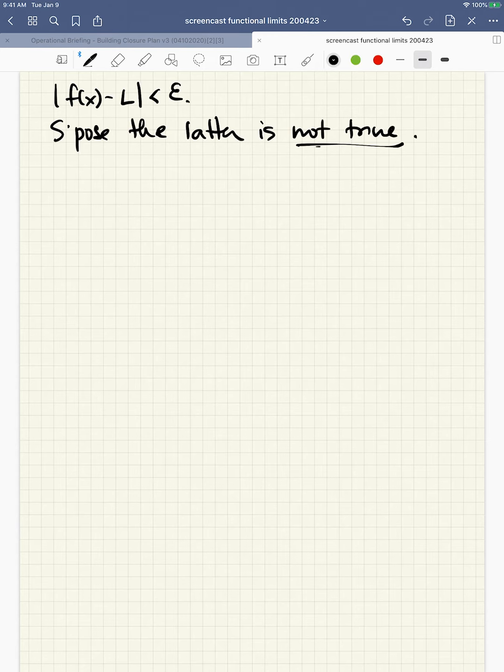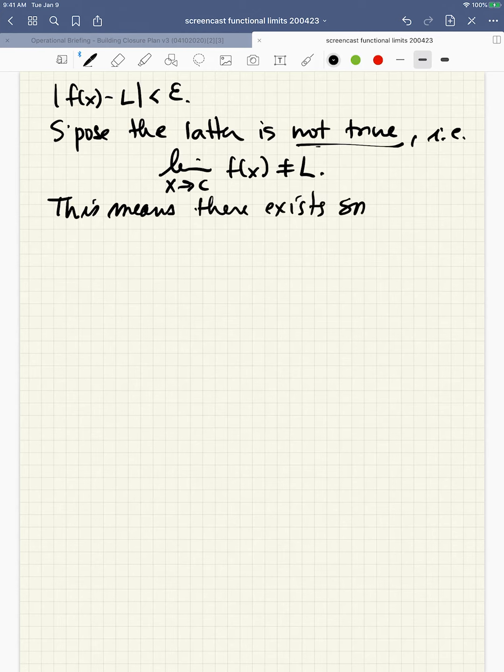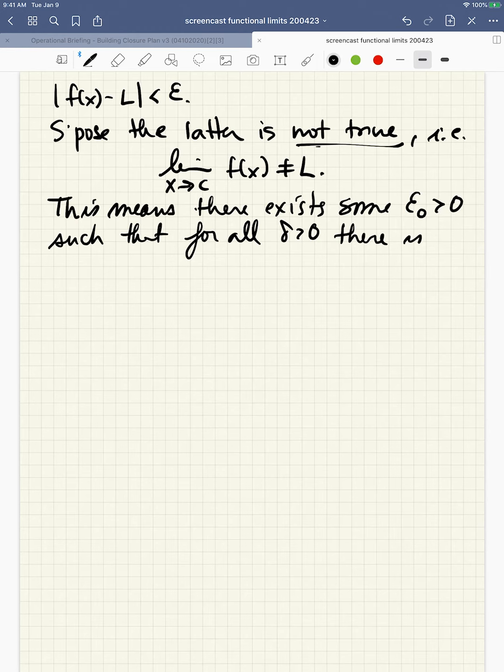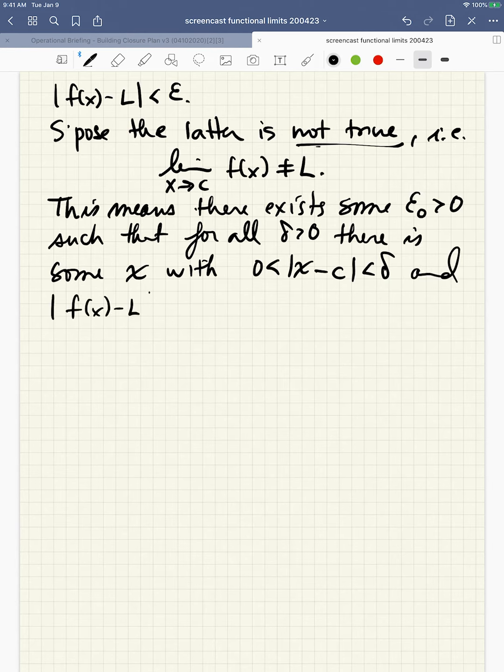Let's suppose that the functional limit of f(x) is not equal to L. By negating the definition of functional limit, there exists some epsilon naught, which is positive, such that for all delta greater than 0, there is some x that satisfies 0 is strictly less than absolute value of x minus c is less than delta, and it satisfies absolute value of f(x) minus L is bigger than epsilon naught. That's the negation of functional limit.